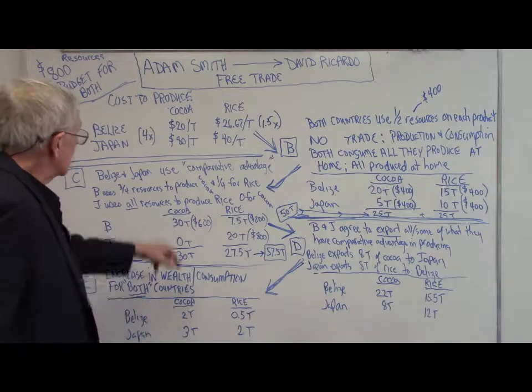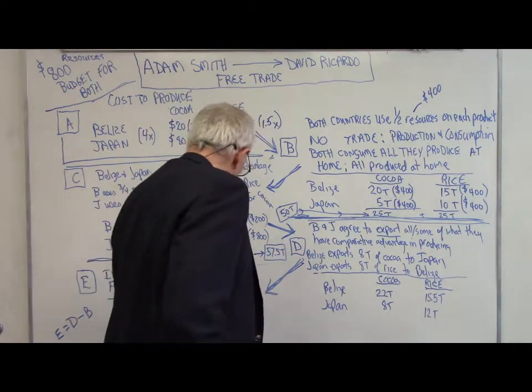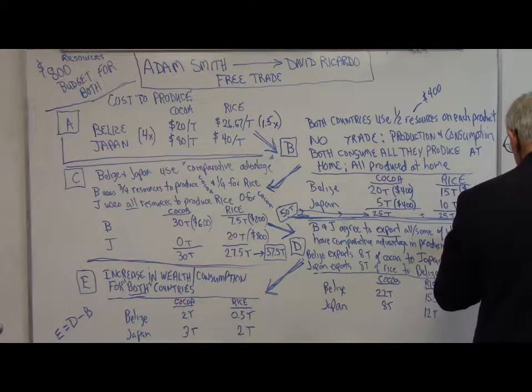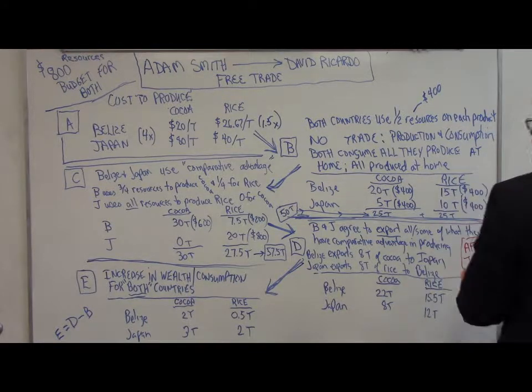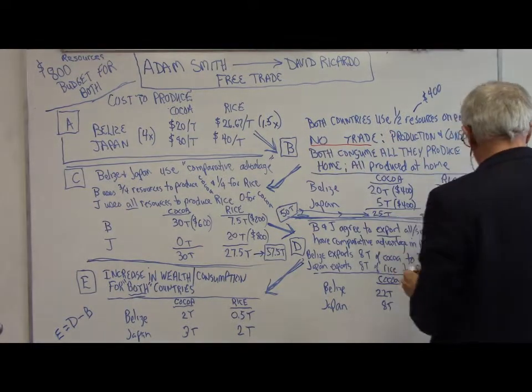Now Belize, you're comparing D, which is before trade, because this over here is after trade, right? So you take the before trade, there's no trade here, and after trade.